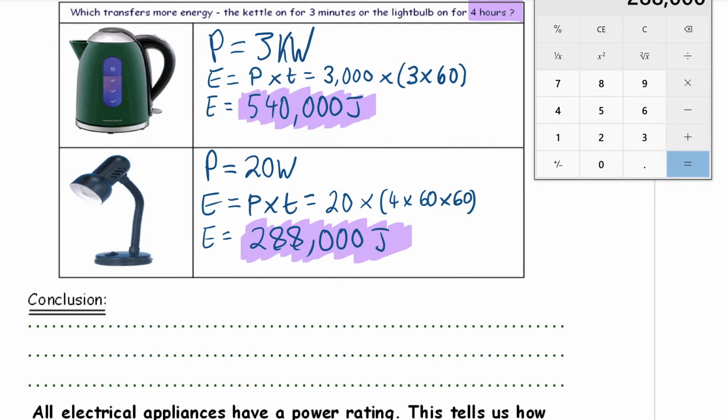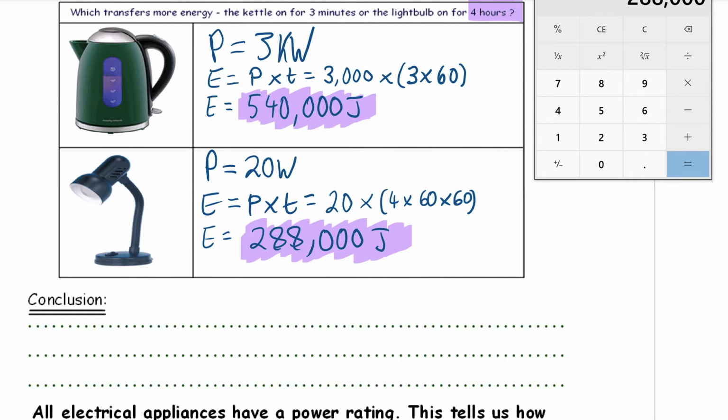We'll be finding out in the next part of the lesson that if you go above 3 kilowatts, that means you'll be going above 13 amps. Therefore, that's why you can buy kettles at 3 kilowatts but no higher. You can buy electrical heaters at 3 kilowatts and no higher.